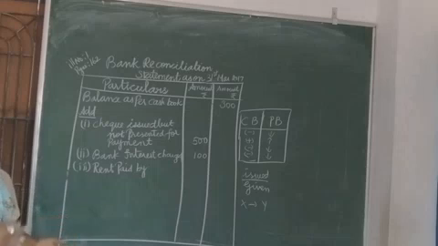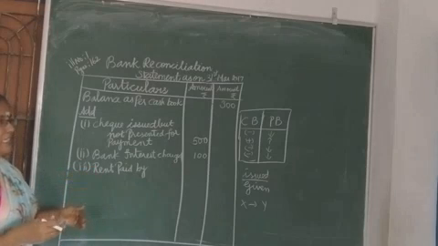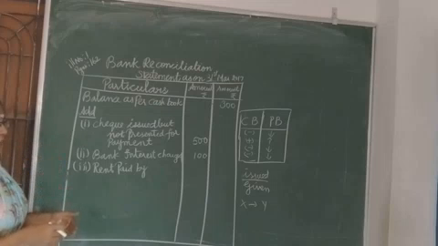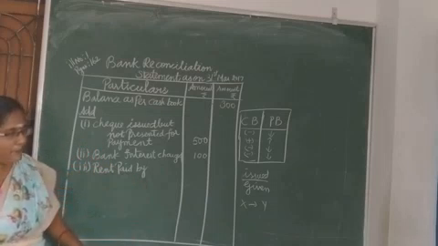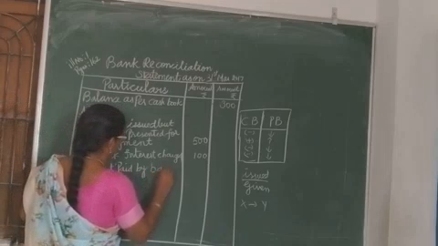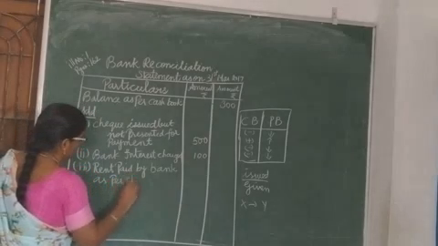Otherwise, if you omit any entry by oversight, your problem will go wrong. So, to avoid this negligence, we do it carefully. This is a very interesting sum. Rent paid by bank as per standing instruction.